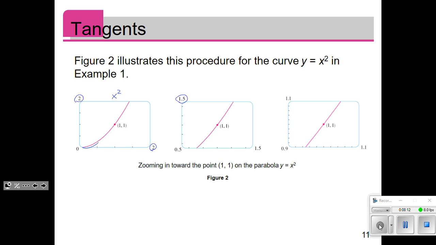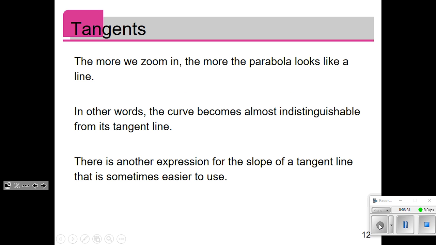Now we're going 1.5, so we're zooming in a little more. Now you can just barely see the curve. It's not straight, but the more we zoom in, now 1.1 to 1.1, it almost looks straight. So the more we zoom in, the straighter it looks. The curve becomes almost indistinguishable from its tangent line.